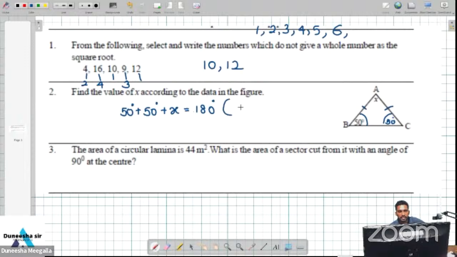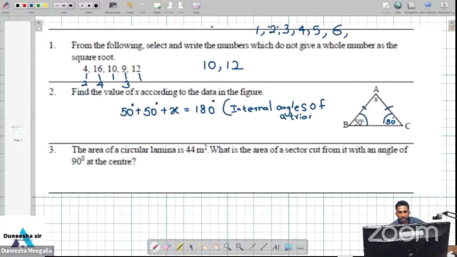You can write the reason if you want. What is the reason? Internal angles of a triangle.